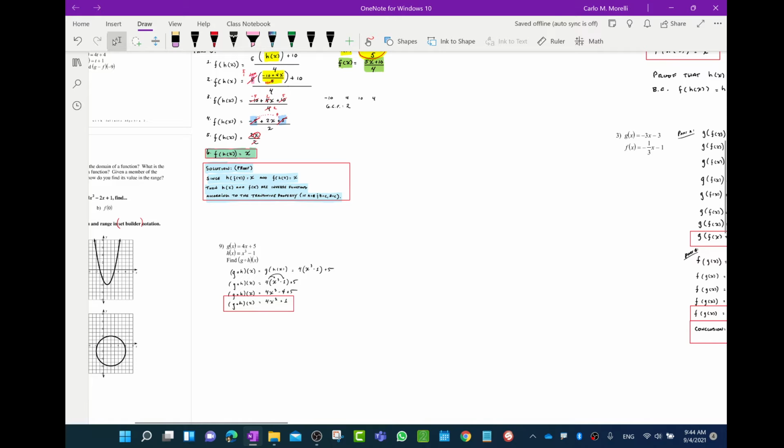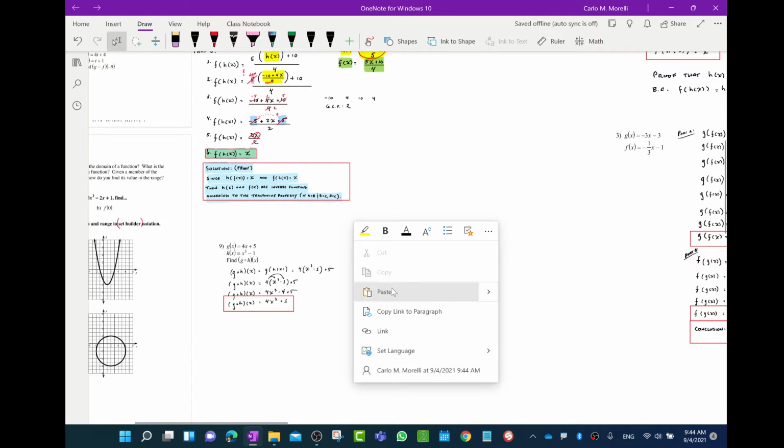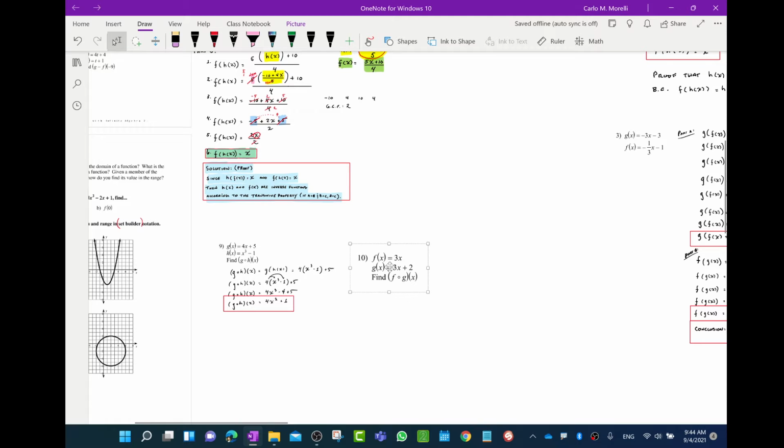So we'll put number 10 right here. Now let's move that and resize it so it's about the same size as the other one.